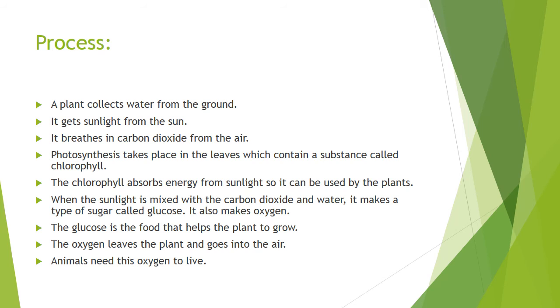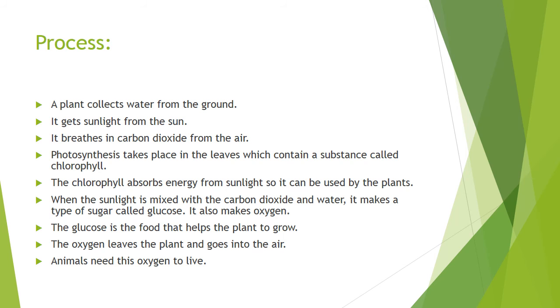When the sunlight is mixed with the carbon dioxide and water, it makes a type of sugar called glucose. Now what is that sugar? The name of that sugar is glucose. What is this glucose used for?